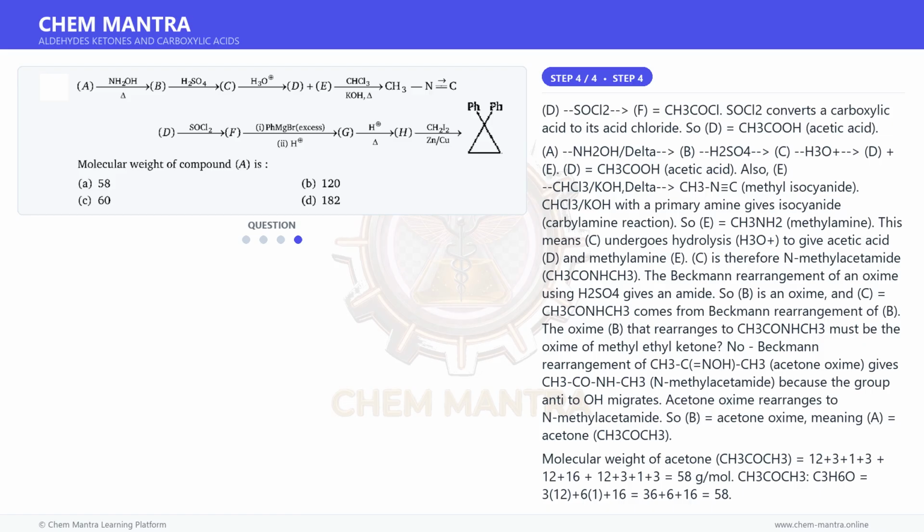Acetone oxime rearranges to N-methylacetamide. So, B is equal to acetone oxime, meaning A is equal to acetone, CH3COCH3.